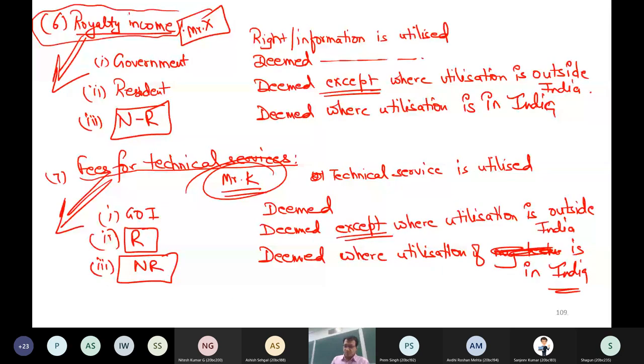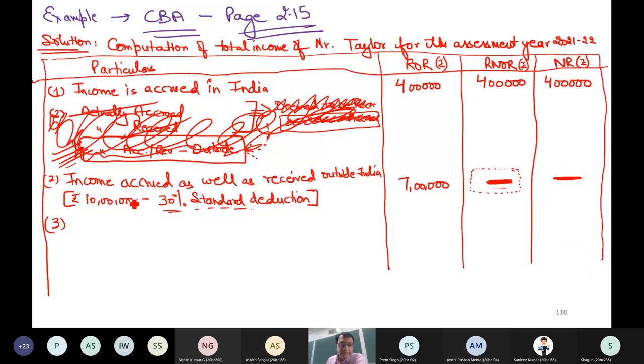So what I will write is that dividend paid by an Indian company is taxable. That's it. It does not matter where it is received.